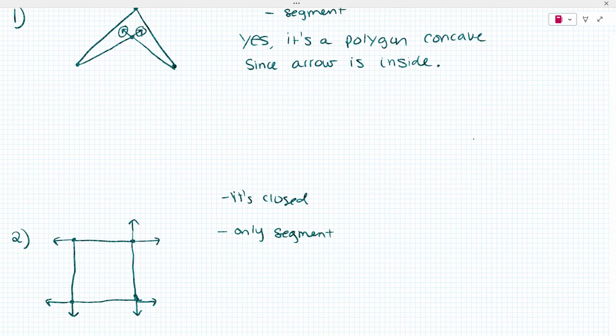So we know it's a polygon now. Is this convex or concave? So let's look at the arrows. None of the arrows are inside, so they're outside. So we know it's convex. So we can say yes, it's a polygon, and it's convex.